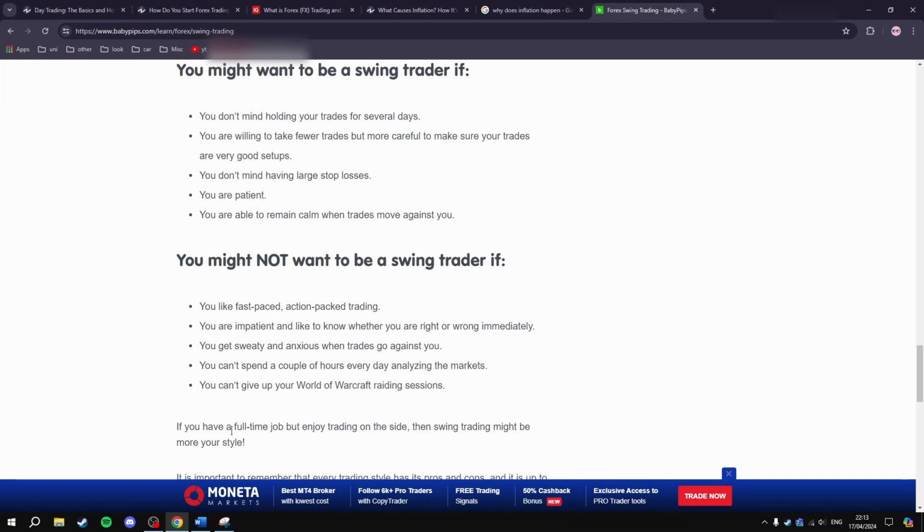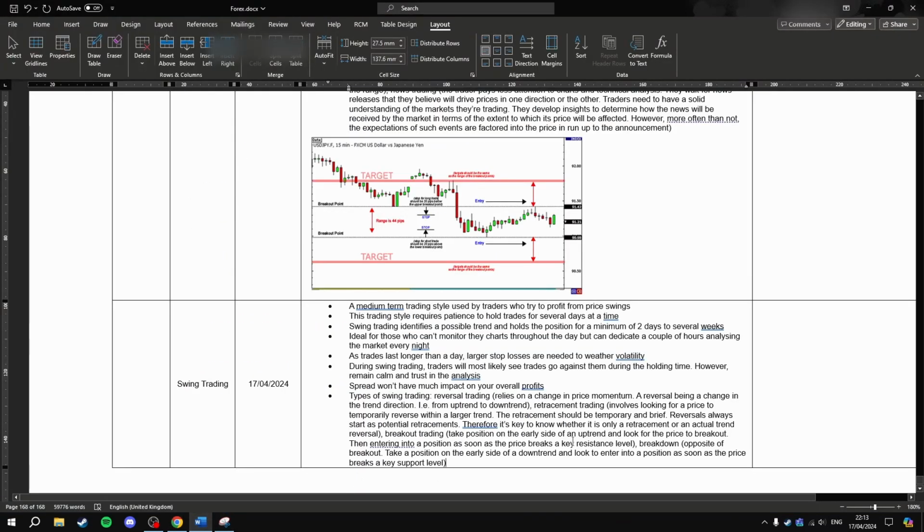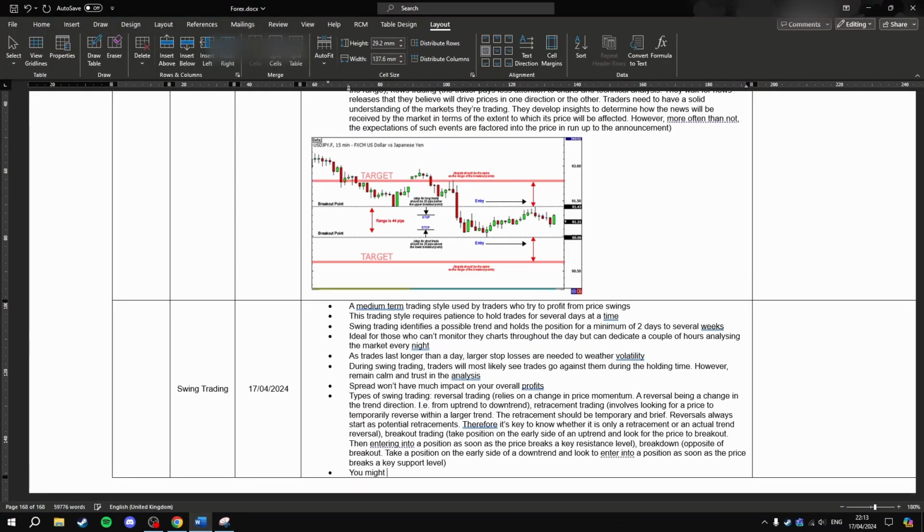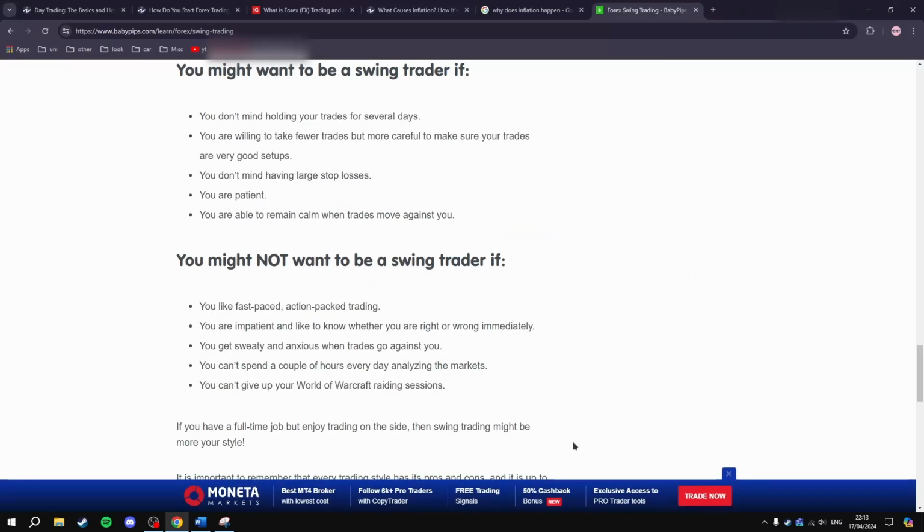You might want to be a swing trader if you don't mind holding your trades for several days.